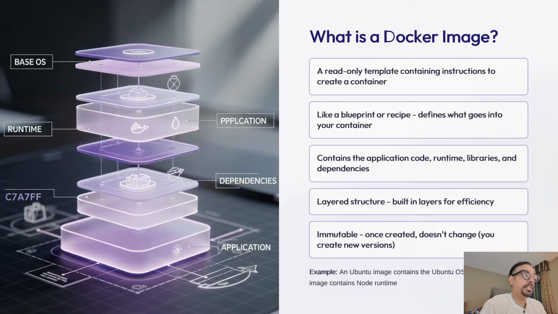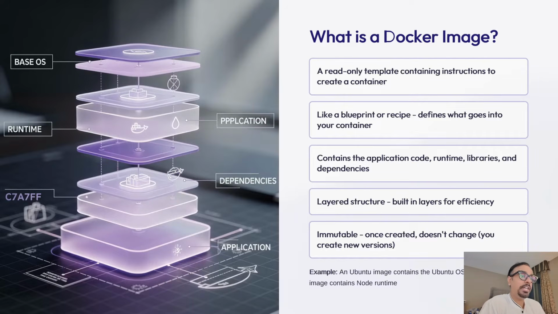Let's talk about Docker images. This is a crucial concept. An image is essentially a blueprint or template for creating containers. Think of it like a recipe for baking a cake. The recipe tells you all the ingredients and steps required to create the cake, but it is not the cake itself.